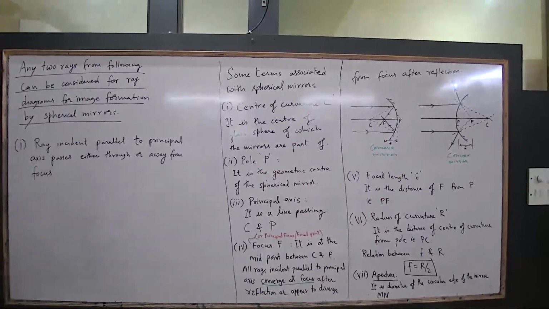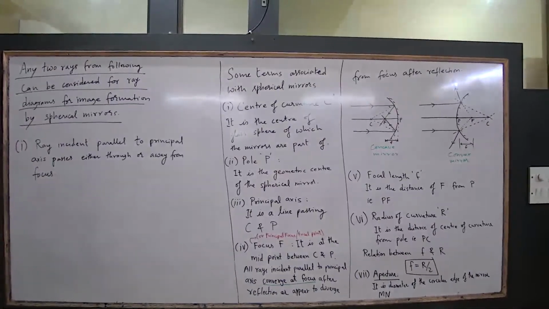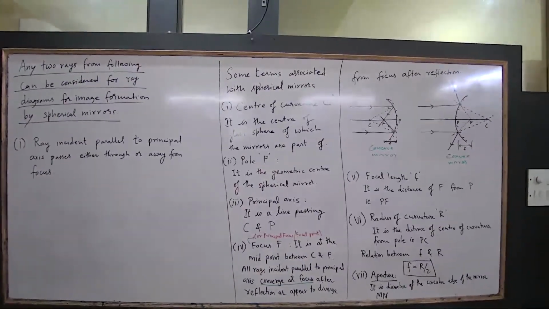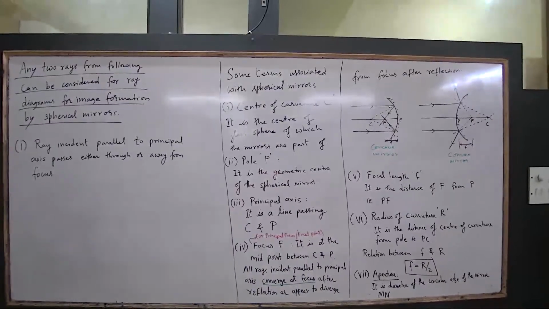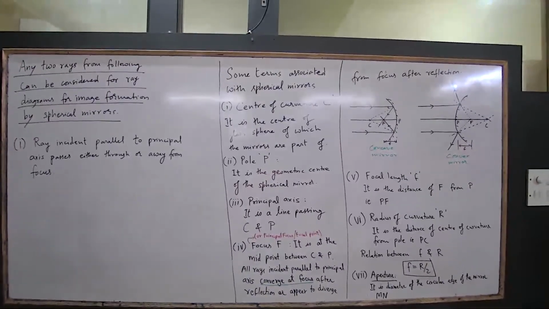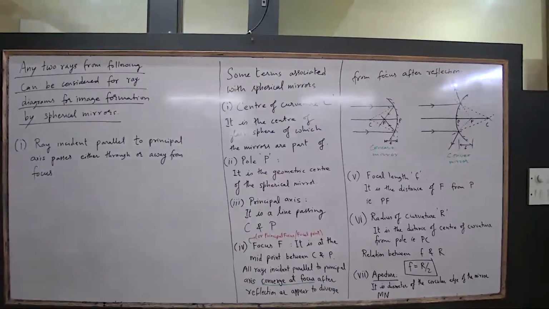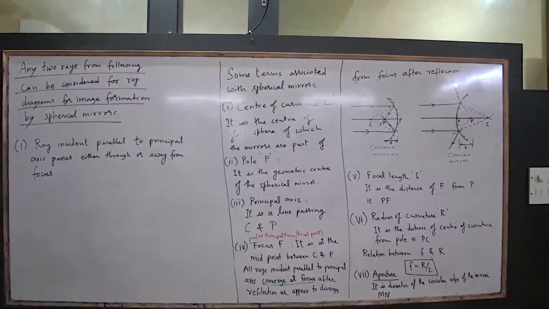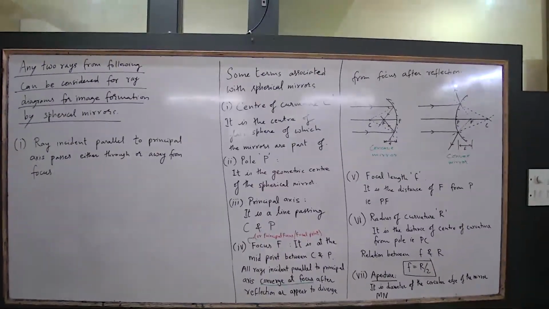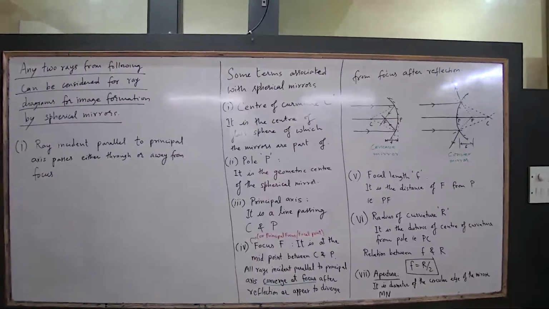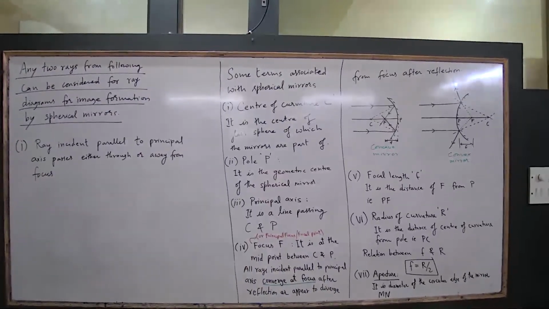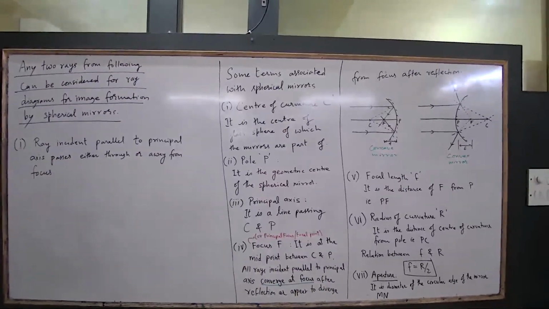Sir, as per told in school, our physics teacher told that in the single rule book, if we join 5 lines of it, the minimum length is 8.8 millimeters. So we have to take focus 2 centimeters and the center of curvature at 4 centimeters. You just use the compass and do that. You can actually measure the radius on the scale, and you already know the center of curvature.